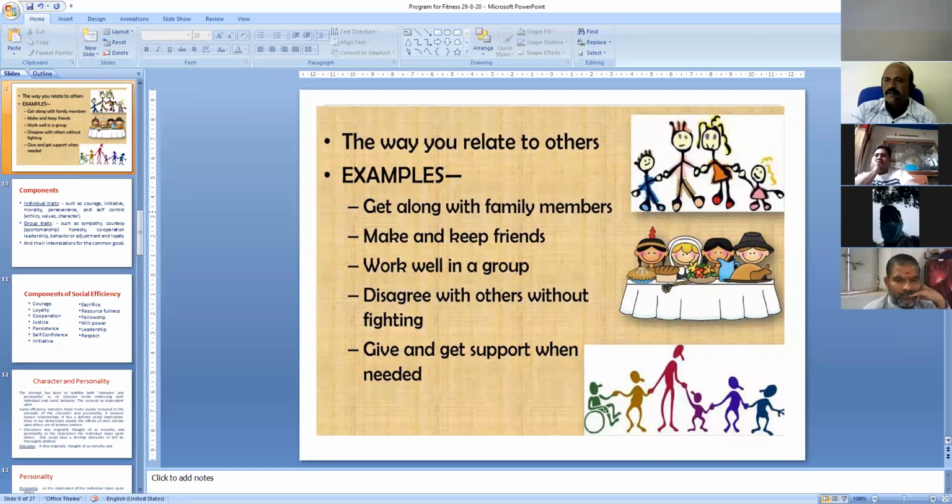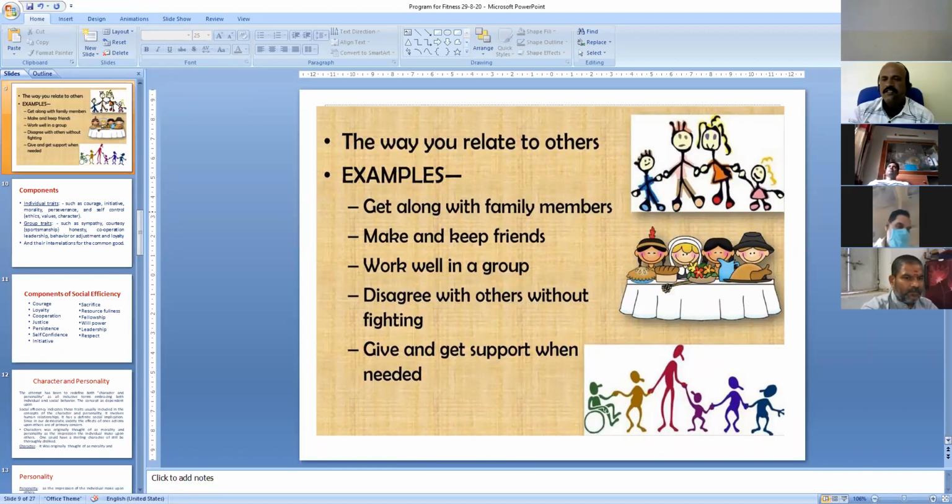Give and get support when needed. If you are socially good, then you get the cooperation and support of your colleagues and other friends around you. When you are organizing a tournament, for example, in physical education and sports, we used to organize athletics meets, tournaments and big events like marathons.